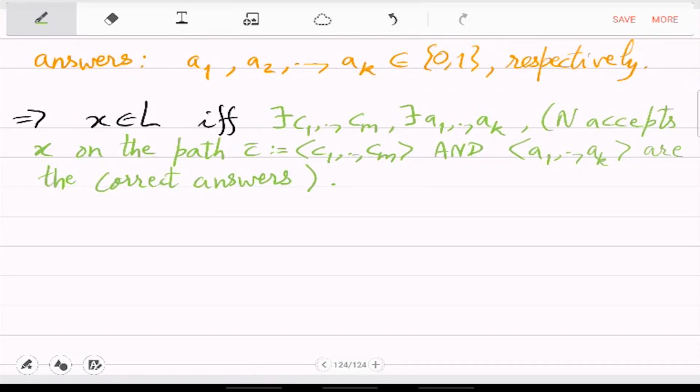So given these two things, N accepts on the path. That is exactly the definition of yes string, which we can now write in a different way.